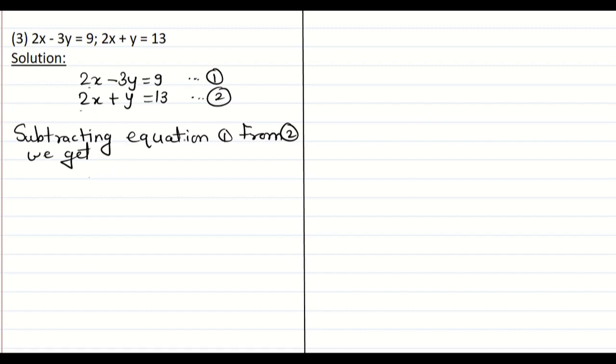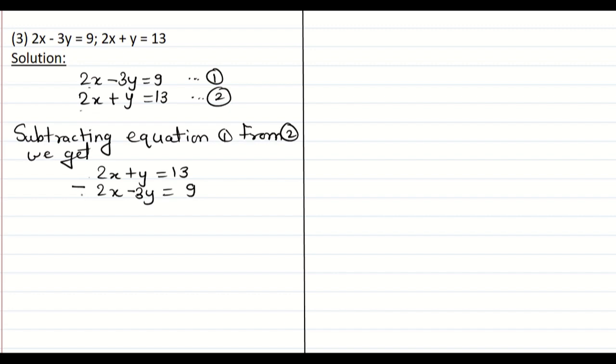We have written subtracting equation 1 from 2, so equation number 2 will come first: 2x plus y equals 13, minus 2x minus 3y equals 9.